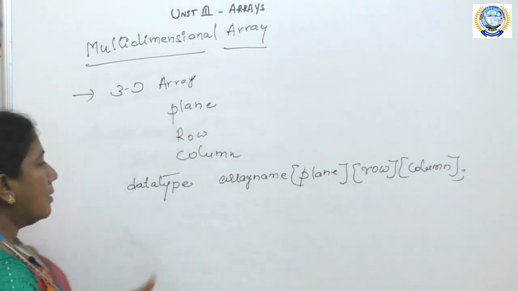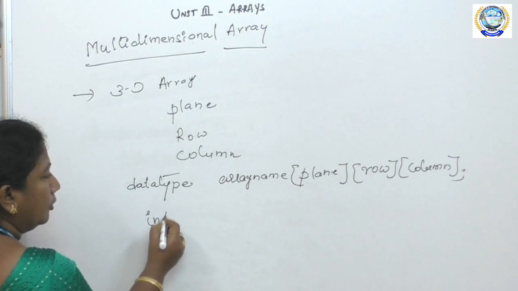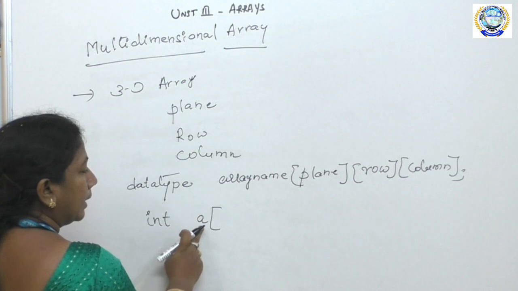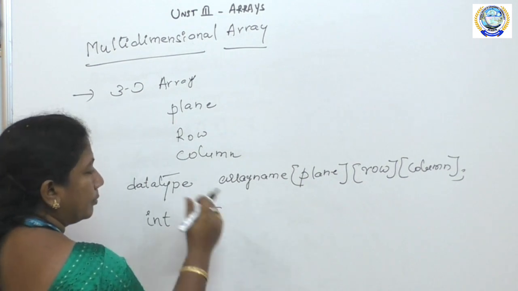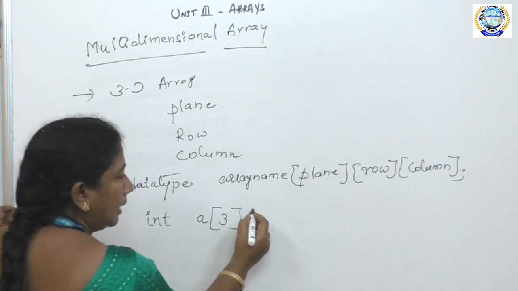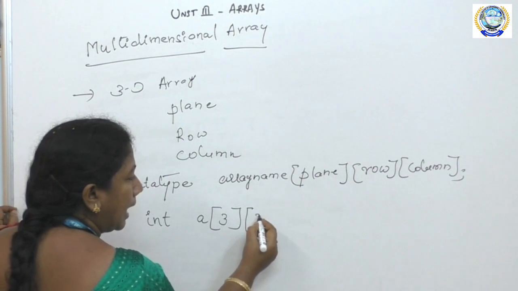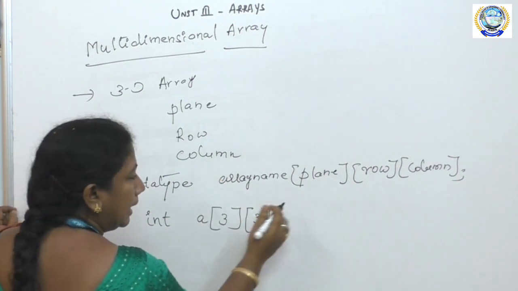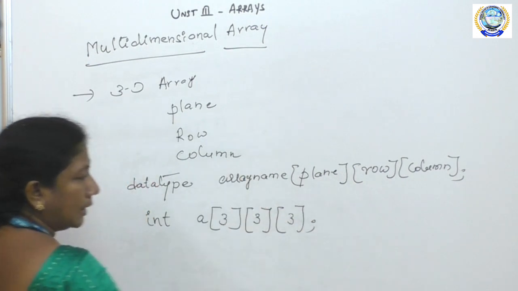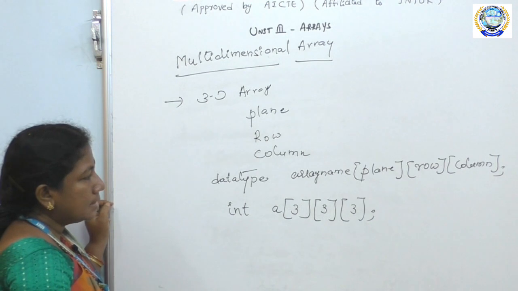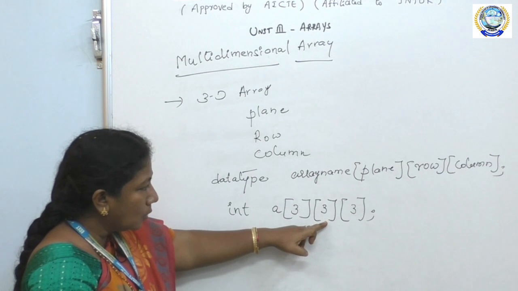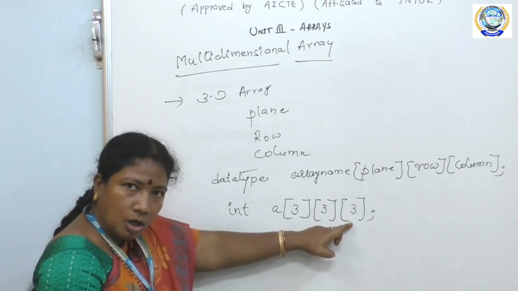Say for example, if I have to maintain a three-dimensional array named A, the number of planes is 3, and in each plane we have 3 rows and each row has 3 columns. For each plane we have 3 rows and 3 columns.